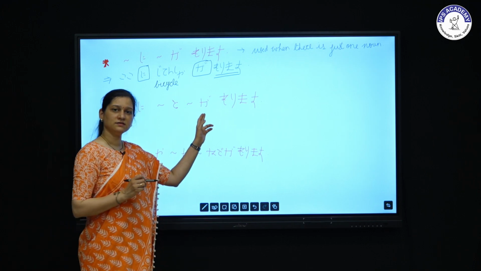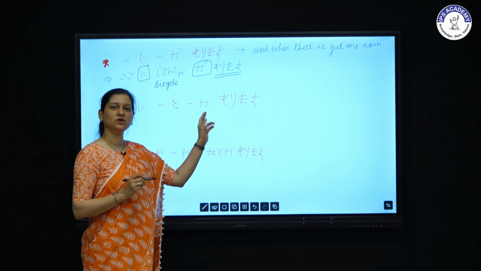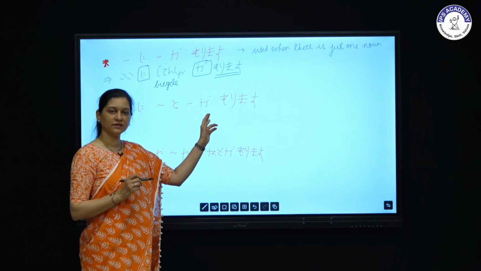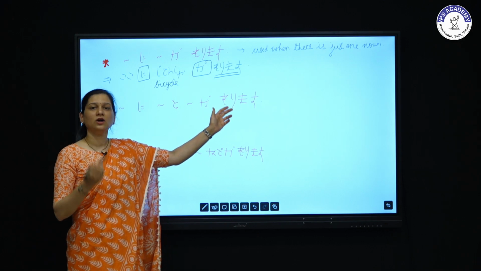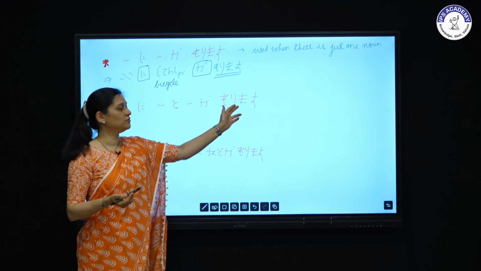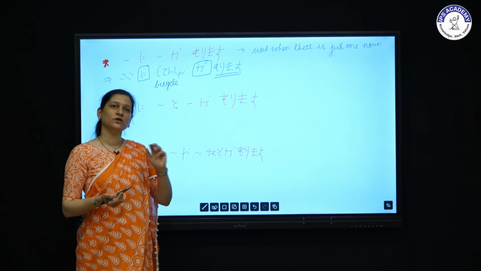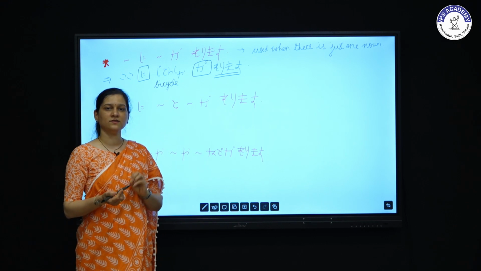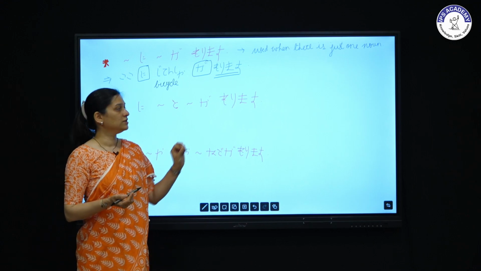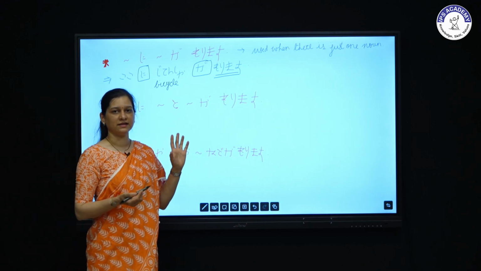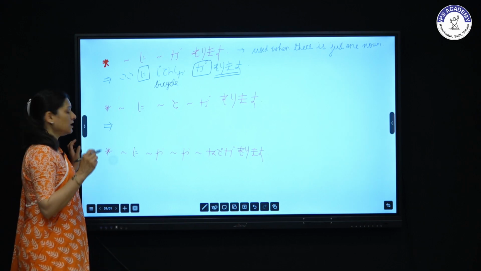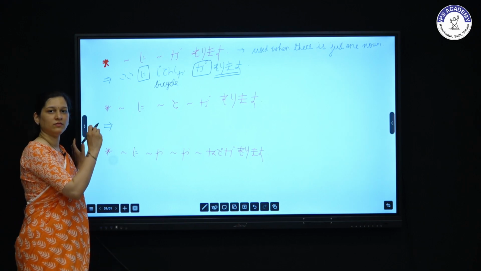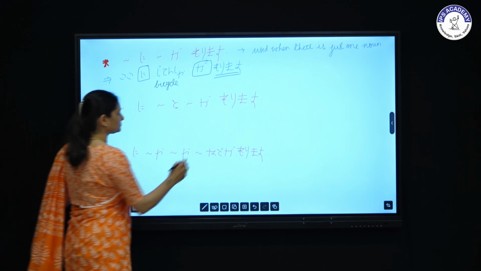Ga particle is used after the objects or the nouns. At the end, it depends. If you are including non-living things in your sentence, you will use arimasu. If you are including living things in your sentence, then you will write imasu at the end.